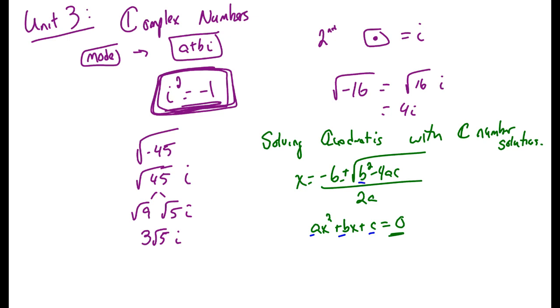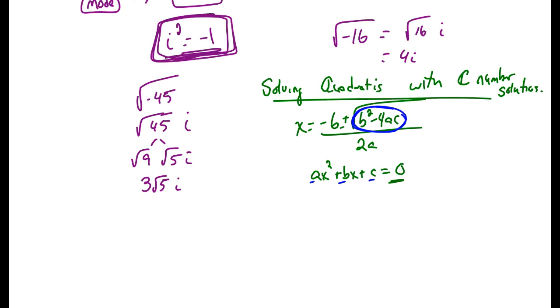Make sure that b squared term comes out positive. Once you plug numbers into the quadratic formula, plug in the b squared minus 4ac, don't type in the radical, and go from there. But that's why we came up with complex numbers: we wanted to solve every quadratic equation, and we needed this new number i to help us out.